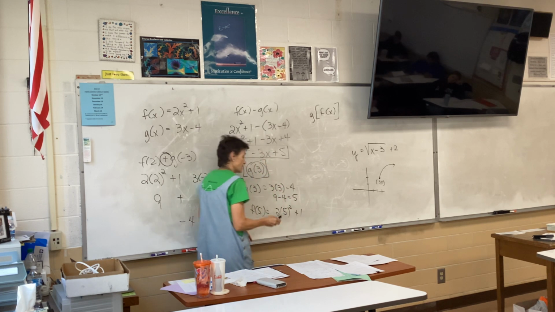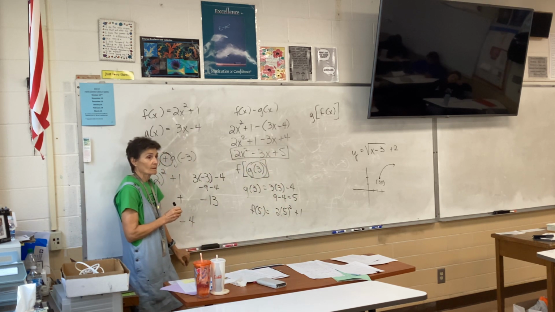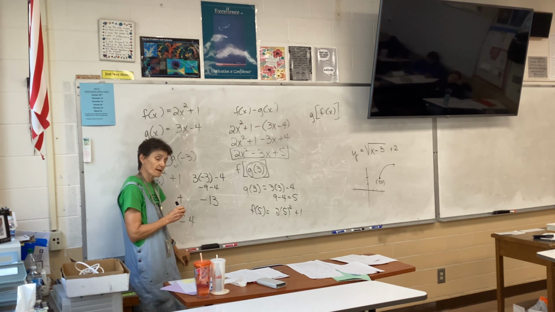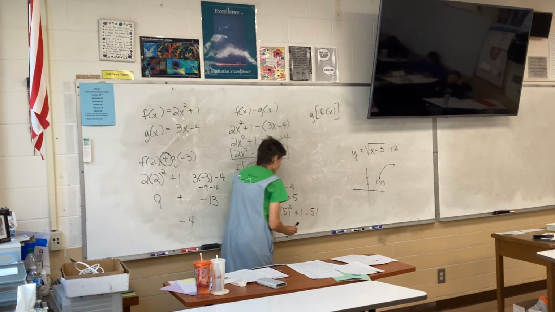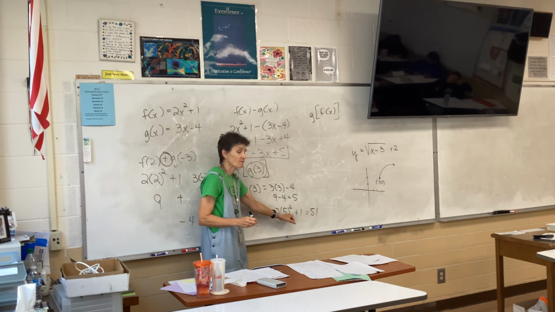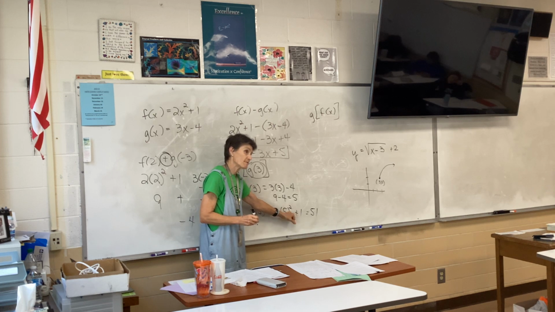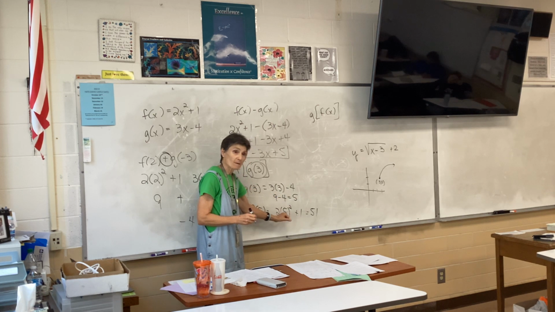PEMDAS, this is going to be a nightmare. Do not say 101, it is not 101, it is 51. Because what do I do first right here? Do I do 2 times 5? No, I do 5 squared times 2 plus 1.